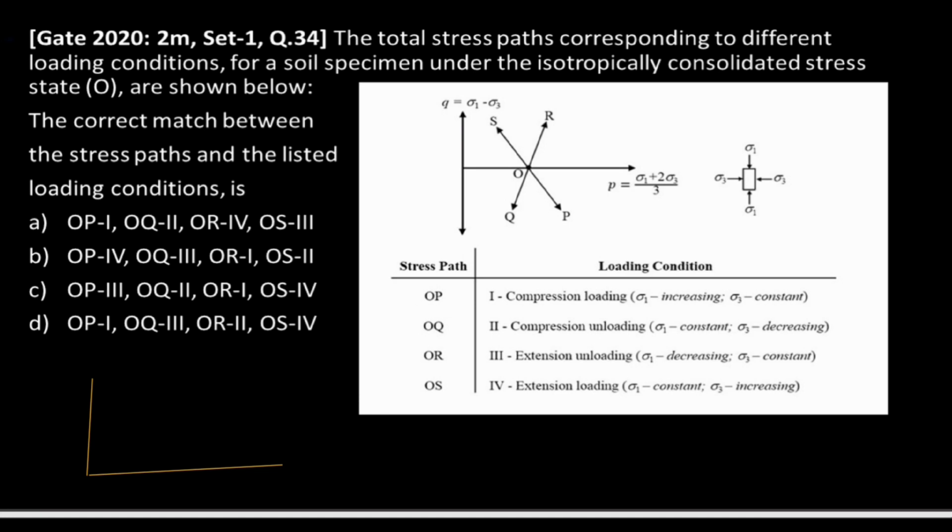So for OS, it is projecting in the left side direction, sigma 3 dash, sigma 3 double dash. Sigma 3 is increasing and sigma 1 is constant. So OS is option 4.